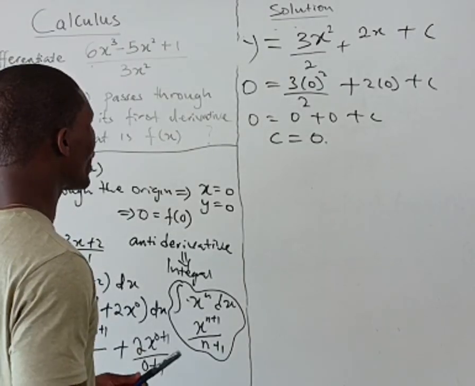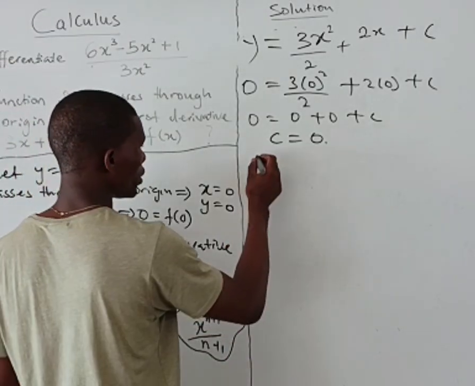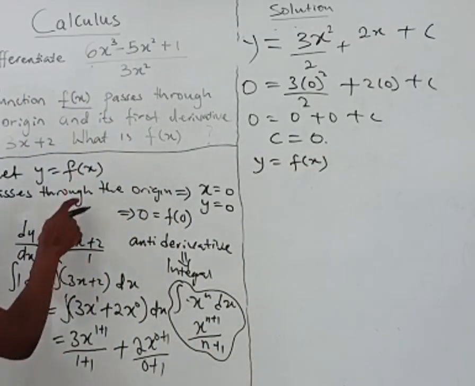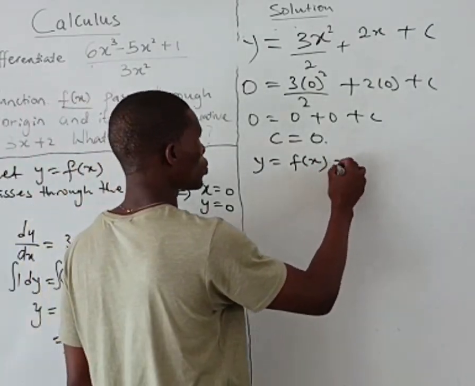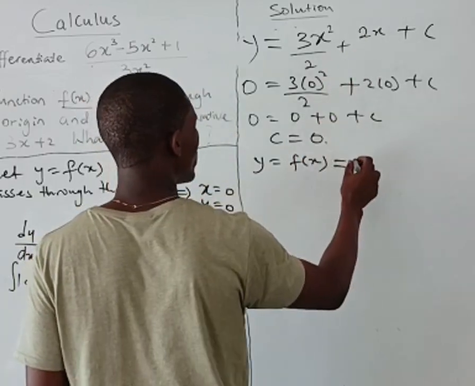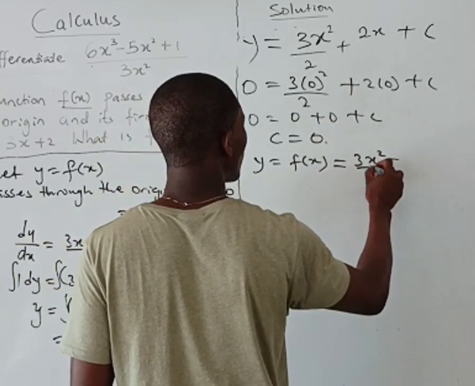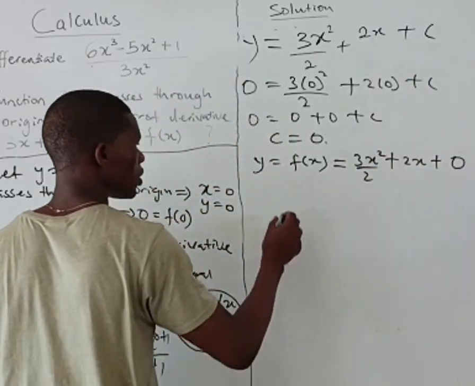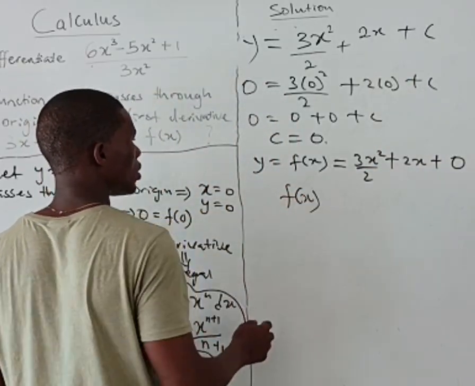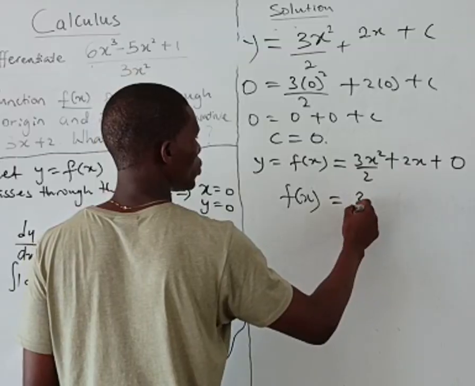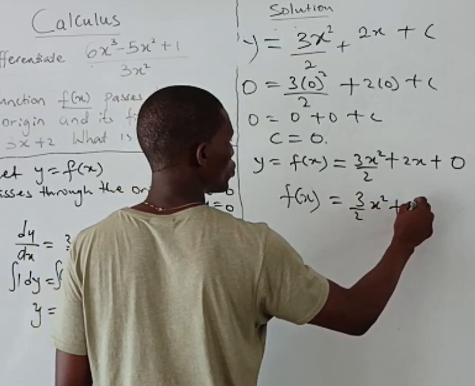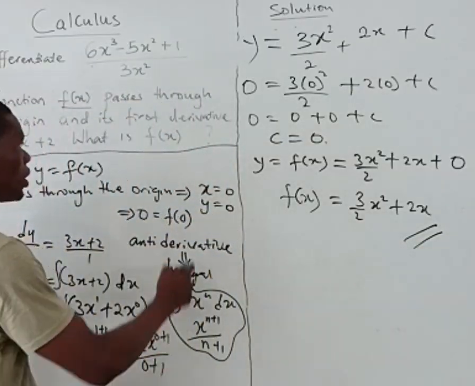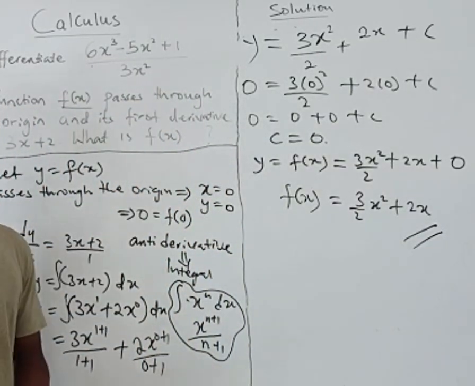So we can now write the function completely. y equals f of x. From here, you remember, right? So it is equal to 3x squared over 2 plus 2x plus c, which is 0. That means f of x equals 3 over 2 x squared plus 2x, 0 is gone. So this is the function that we are required to find.